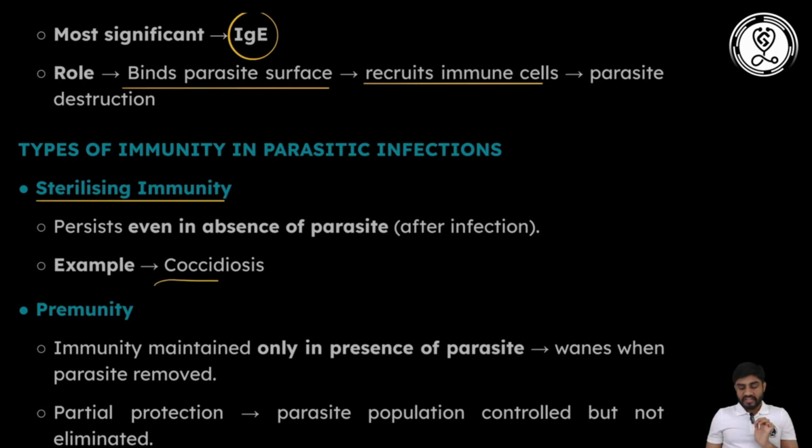Suppose a coccidiosis infection occurred in a bird or a calf, the parasite came and infected the body, but then the parasite is shed from the feces, and still the immunity is maintained in the animal body. Such immunity, even after the parasite is removed, is known as sterilizing immunity, or long lasting immunity.